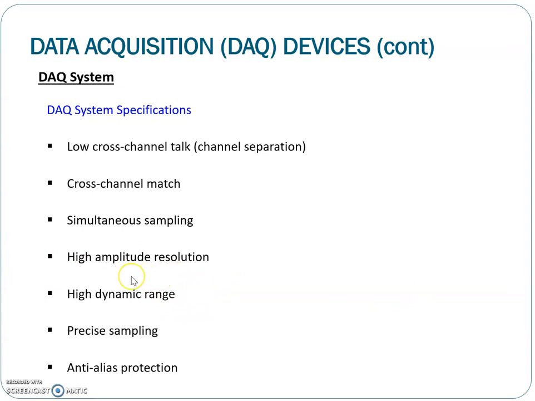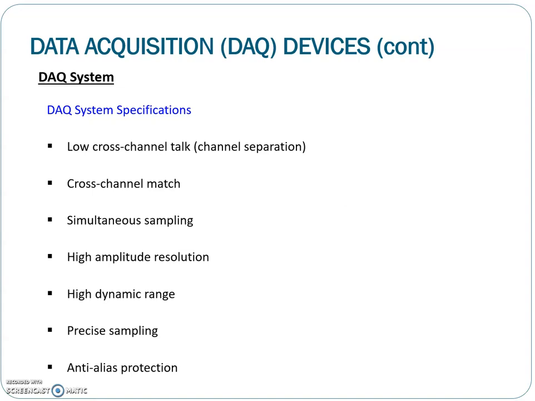It is usually represented by bits. The higher the bits you have, the better the amplitude resolution. For example, 32 bits have 2 to the power of 32 grids in the y-axis. Higher amplitude resolution usually gives a higher dynamic range, meaning the DAQ can measure a wide range of low-level to high-level signals.